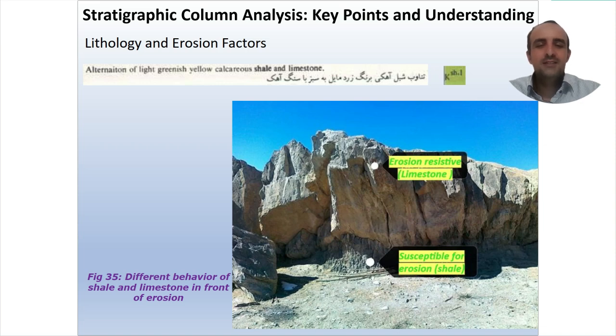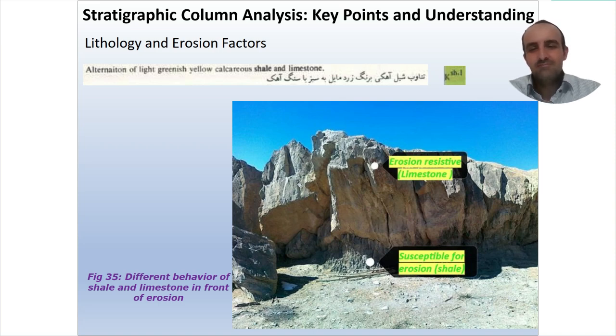As you can see, this rock type is shale and this one is the limestone. And because shale is susceptible to erosion, it eroded, and because of this erosion, the block of limestone collapsed. And as you can see in this area, we have a collapsed part of limestone.